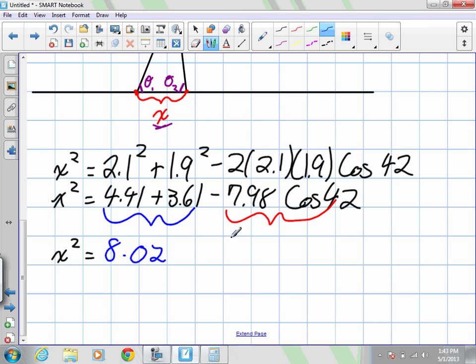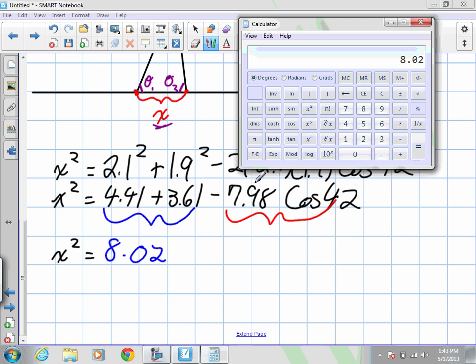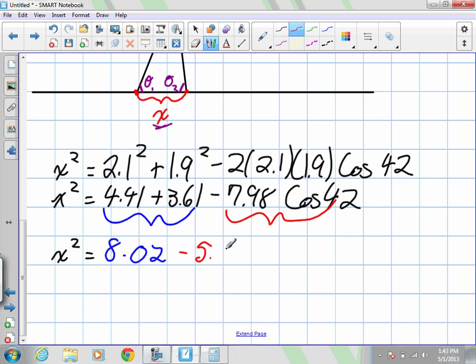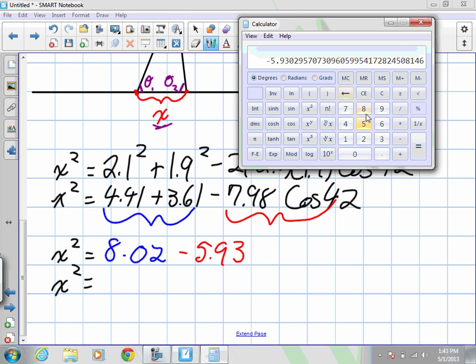And our other one, we take cos 42 times negative 7.98, equals negative 5.93. x squared will be equal to that value, so 8.02 subtract 5.93, 2.09.